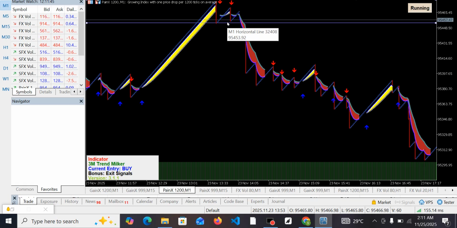Just sit back and relax and wait for it to play out. There are only two things you can get from it. Either it gets to your stop loss and takes you out of the market so that it can buy more, but you will be losing just a little amount of dollars, probably $1 or 1 point something dollar, depending on the lot size you are using.